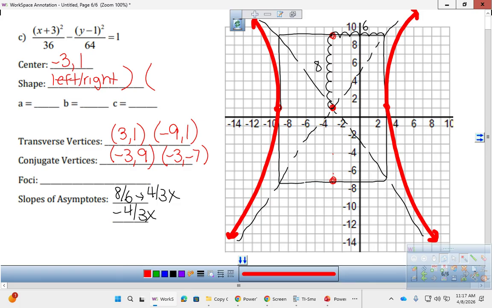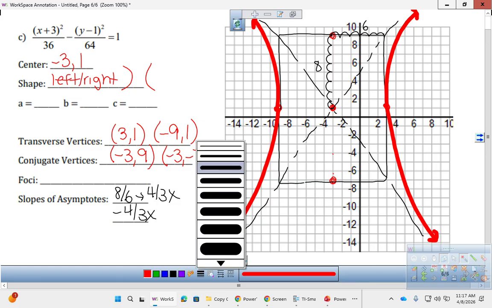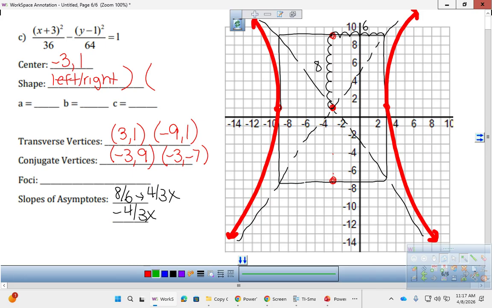All right, and then finally, I need to find the foci. For the foci, I need a c value for that. c squared is 100. So c is 10.